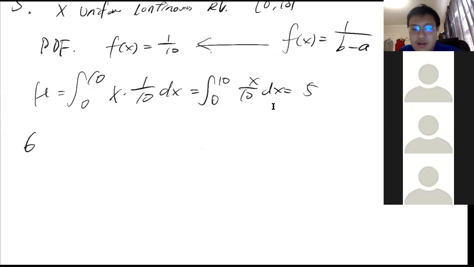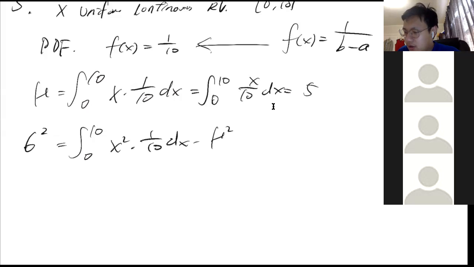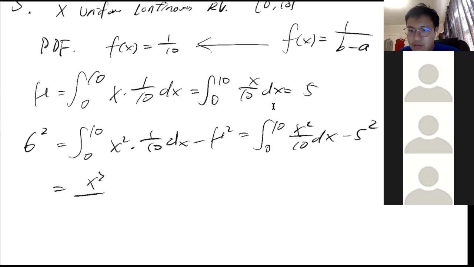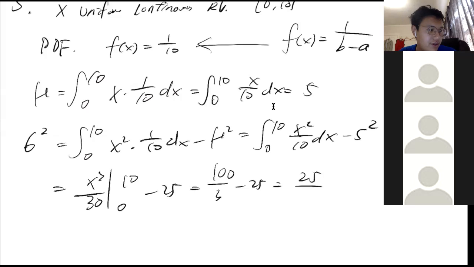And then you want to find the variance, which is the integral from 0 to 10 of x squared times f(x) dx, minus mu squared. This is equal to the integral from 0 to 10 of x squared over 10 dx, minus 5 squared, which is equal to x cubed over 30 from 0 to 10, minus 25, which is 100 over 3 minus 25, which is equal to 25 over 3.